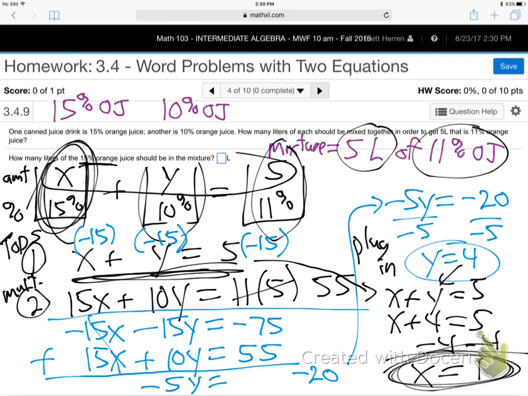But what I mean is sometimes, instead of just saying 15%, 10%, and then you want your mixture to be 11%, directly in order, 15, 10, 11, they'll be more tricky, and they'll say something like, we want a mixture to become 11%. So how much of this? They'll rearrange it. If they do, the way you can keep from getting fooled is to remember the one on the right is the final.